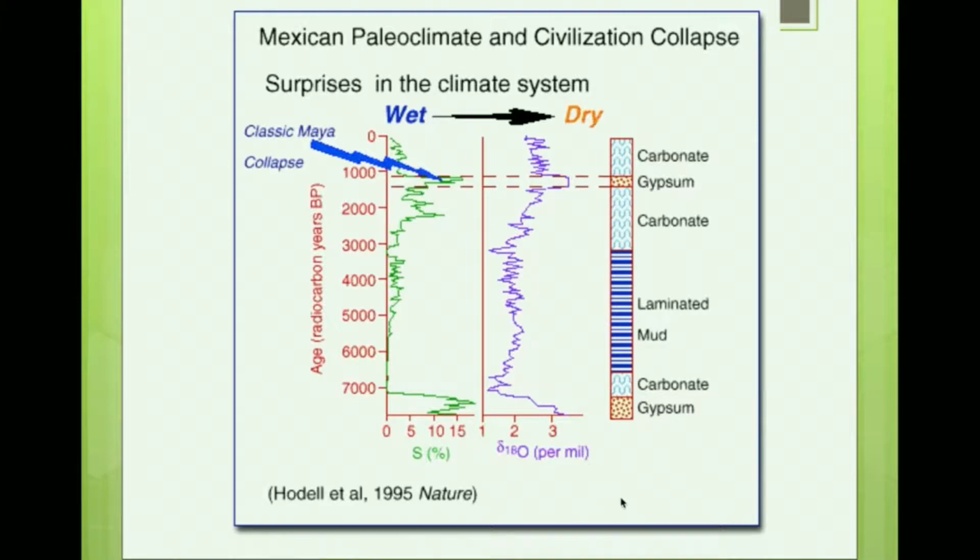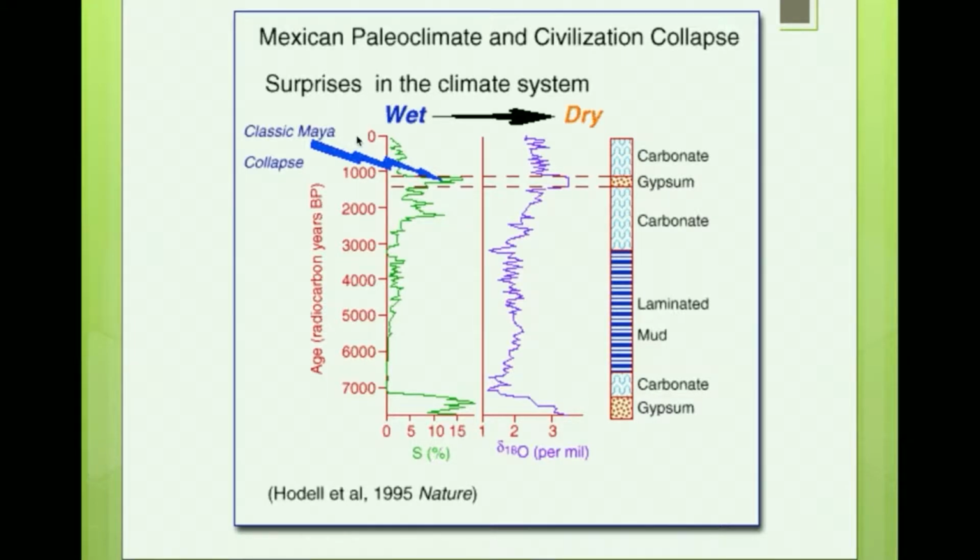This is one study that suggests that around the time of the Maya collapse, there was a combination of environmental factors that could have driven their demise.